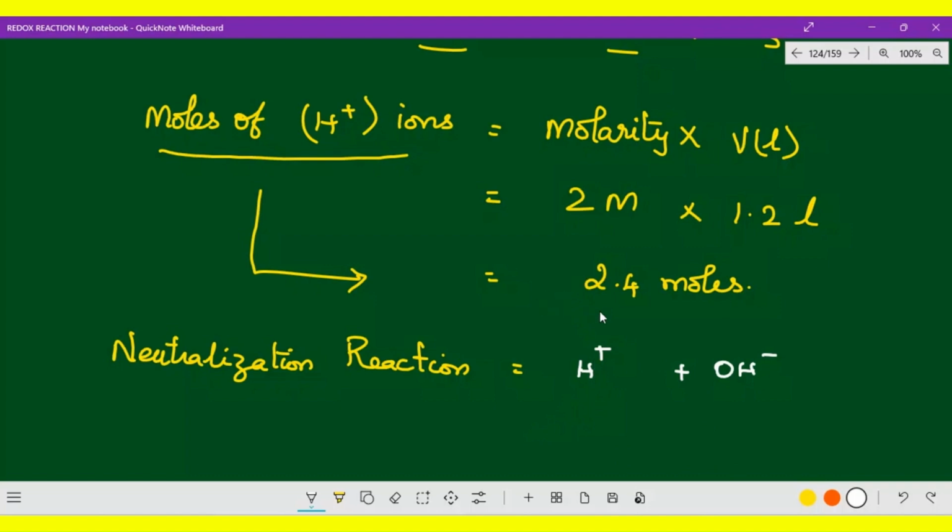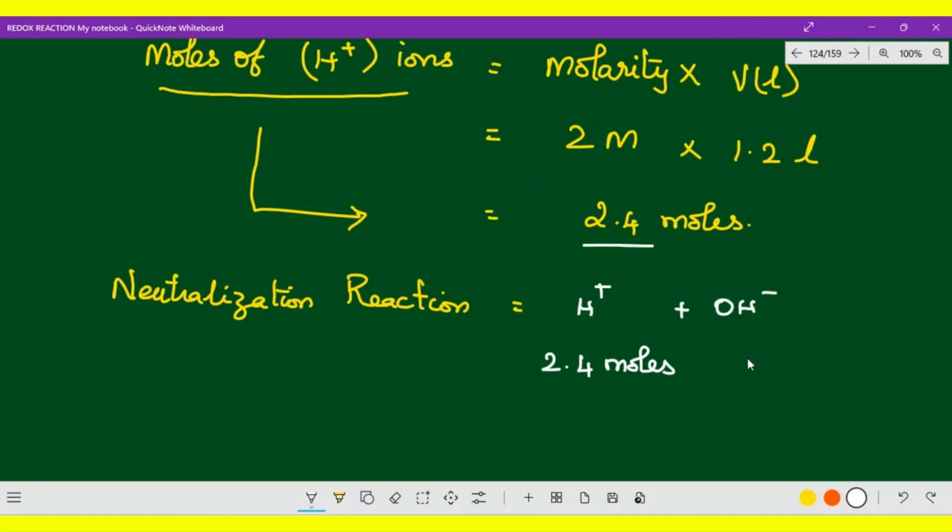H plus ion, just now we found, is 2.4 moles, and OH minus ions, it is not addition, just H plus and OH minus neutralize, is 0.8 moles. So this is H plus ions.